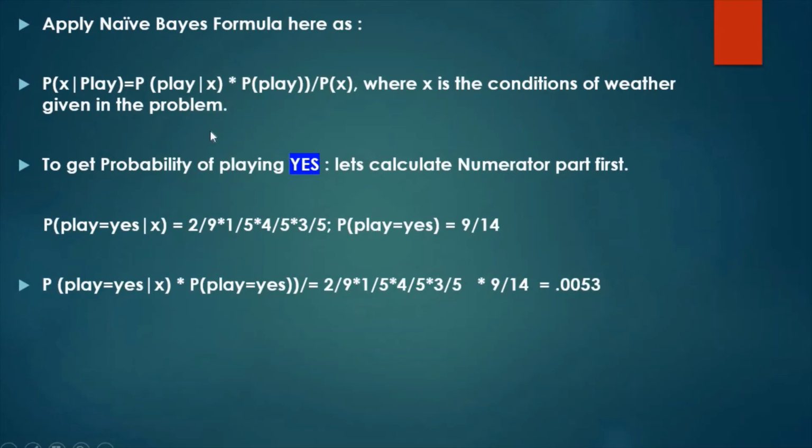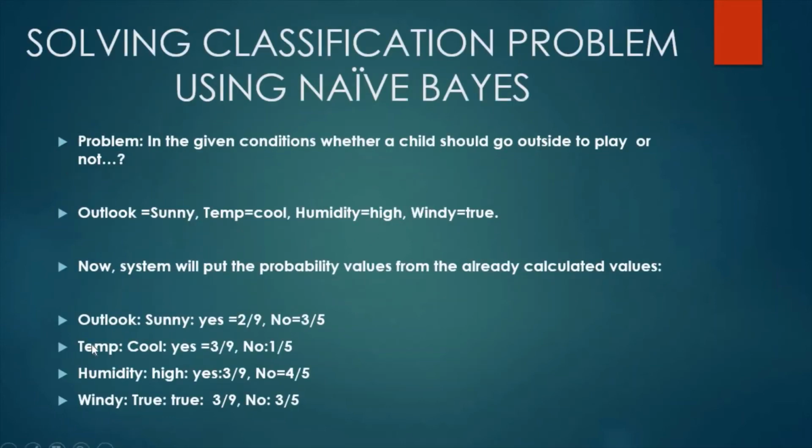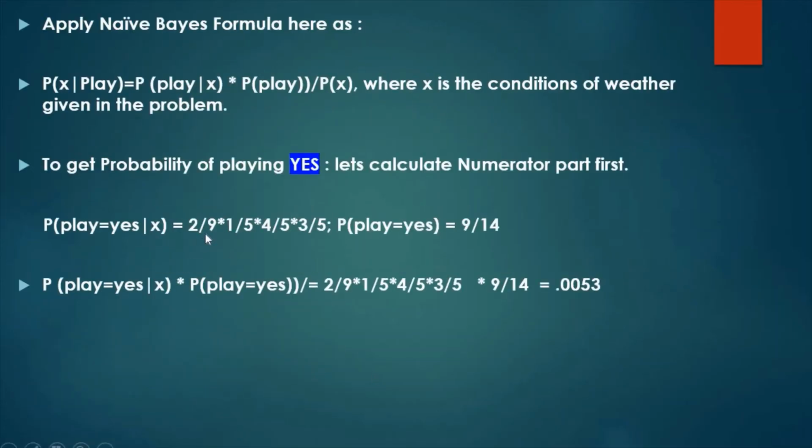This is calculated from the previous slide: outlook is sunny and playing yes, 2 by 9, multiplied by temperature cool for playing yes, 3 by 9, multiplied by 3 by 9, multiplied by 3 by 9.